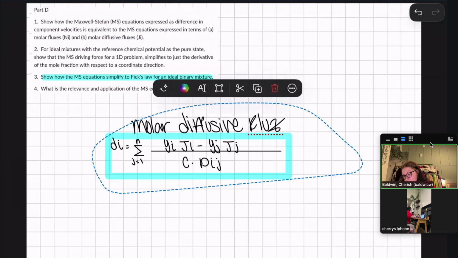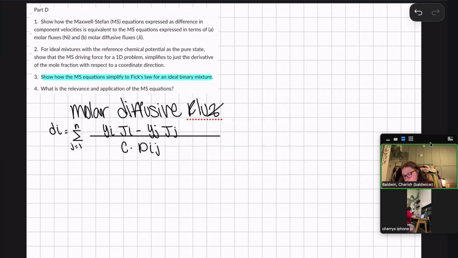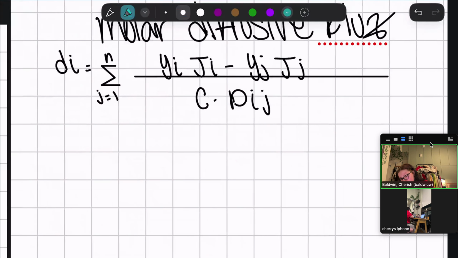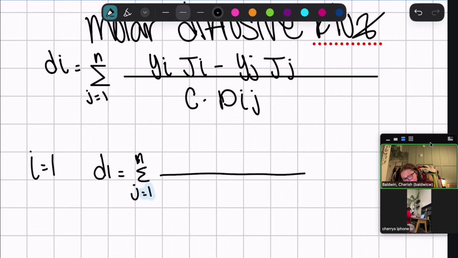All right. And then we're going to set i equal to 1. So then that gives us di, or d1, the driving force of 1, and j1.